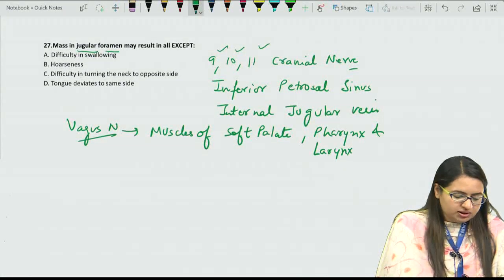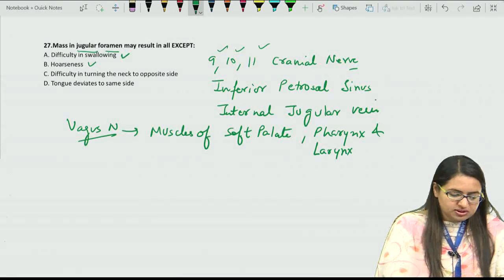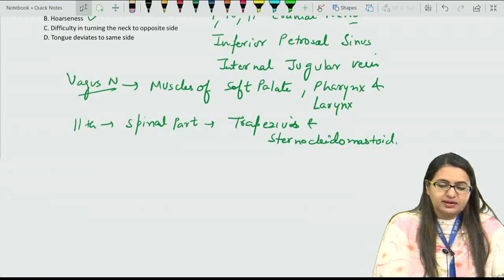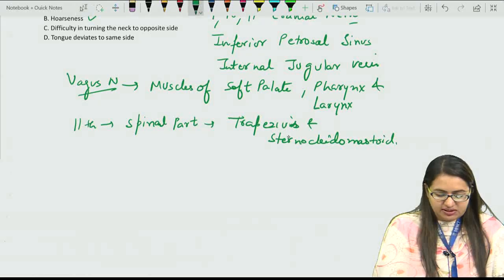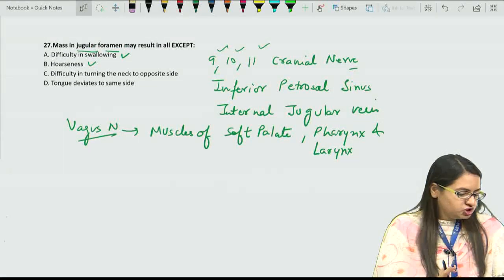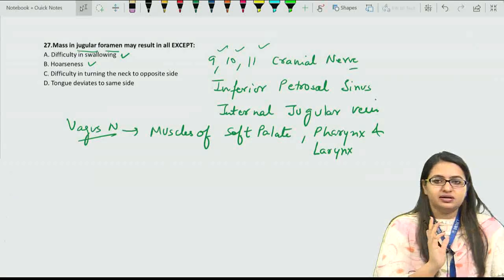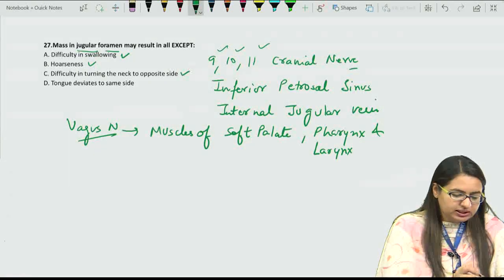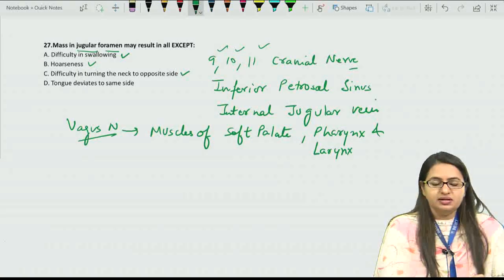When the vagus nerve is involved, it leads to difficulty in swallowing and hoarseness. When the spinal part of the accessory nerve is involved, it affects the trapezius and sternocleidomastoid. The sternocleidomastoid helps in turning the neck to the opposite side, so there will be difficulty in turning the neck to the opposite side.